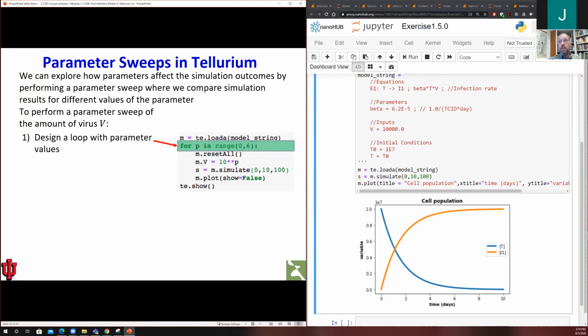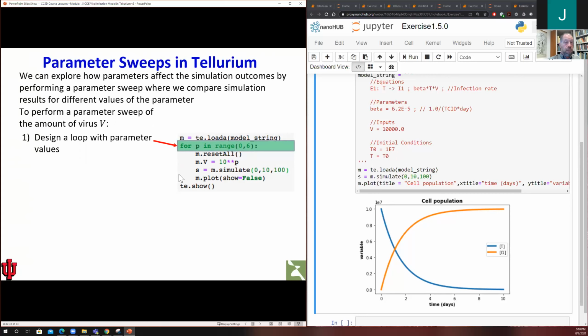For parameter sweeps, we're going to use either range or NumPy range function. So we'll load a model, m equals te.load a model string, for parameter value p in range, here using classic range, not NumPy range, 0 to 6.